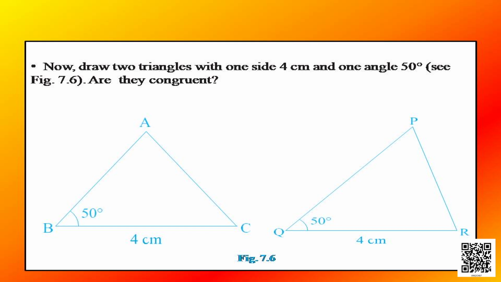So we can say that these two triangles are congruent to each other. This is the first criterion for congruence of triangles. So this gives us Axiom 7.1, that is the SAS congruence rule.